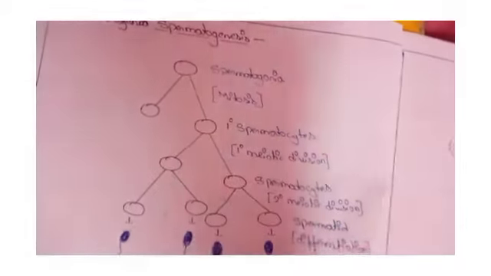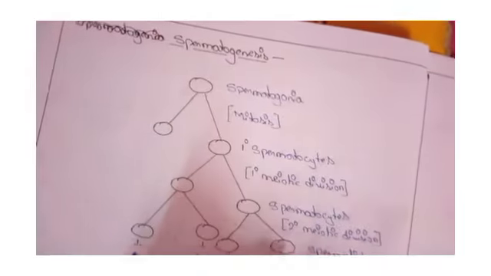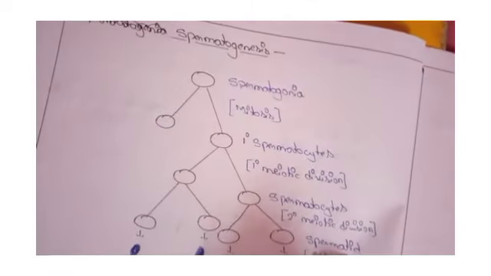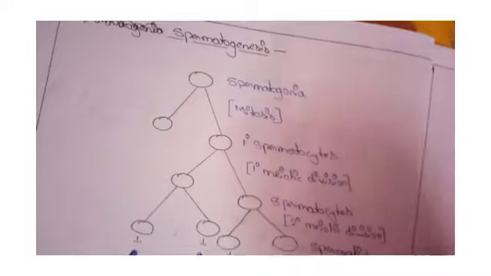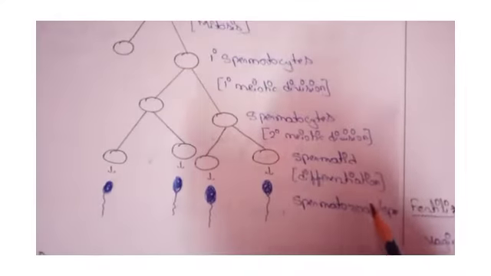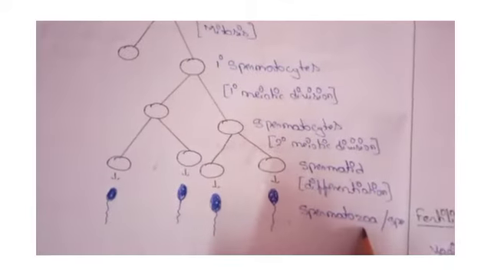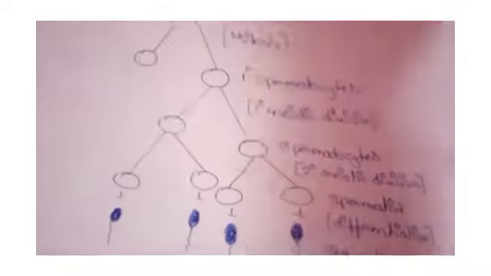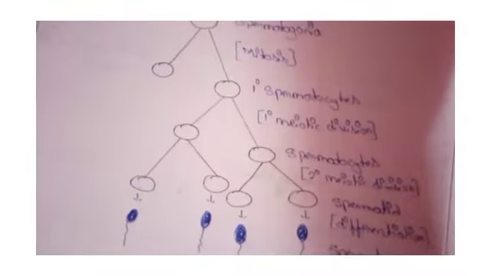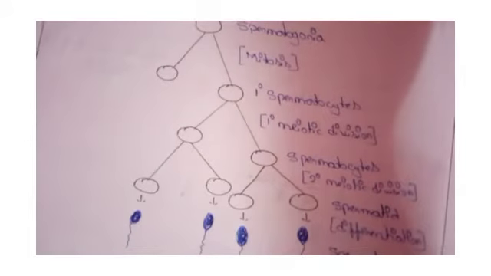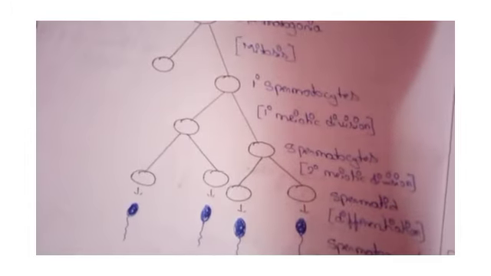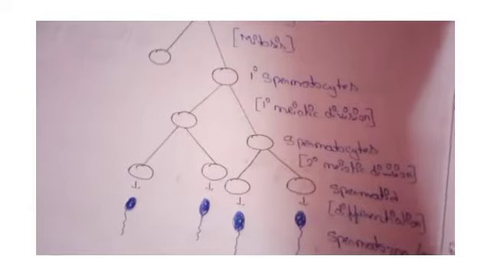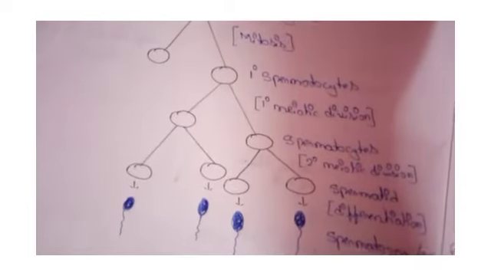Then in the second meiotic division it forms spermatids, and through differentiation spermatids form spermatozoa or sperms. Every day a male can produce 200 to 300 billion sperms.